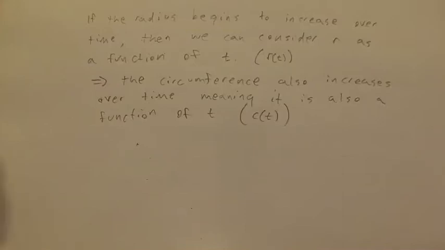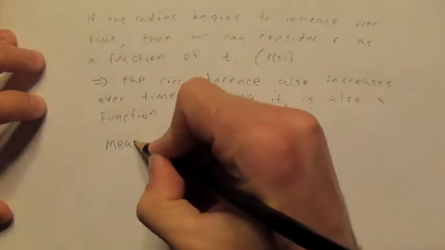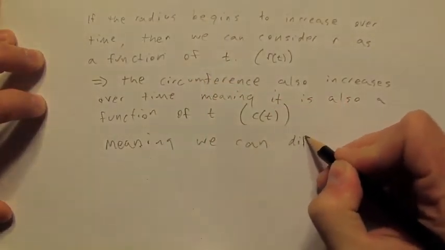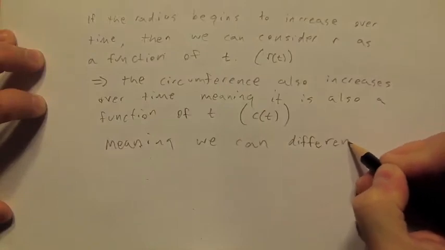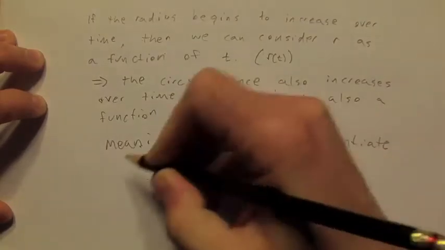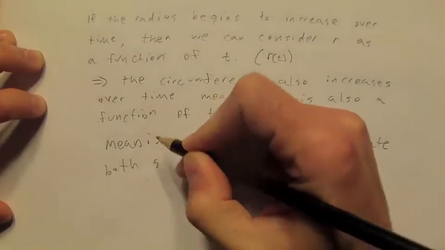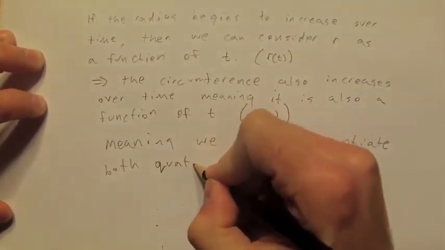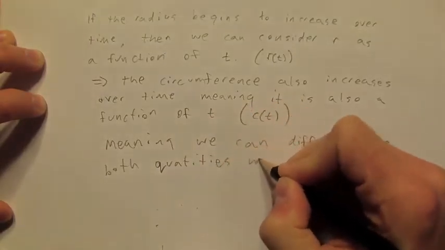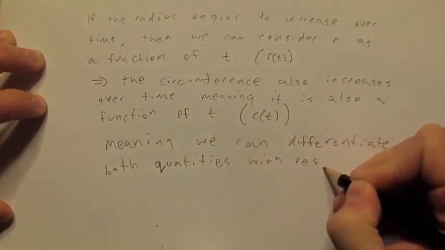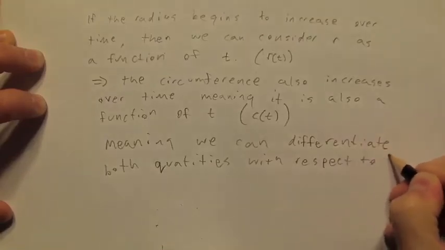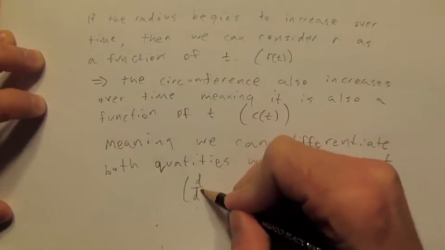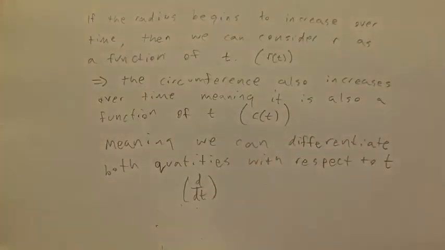We can take the derivative. So meaning we can differentiate both sides, or both functions, or both quantities with respect to t, or time. Okay? In other words, we can do this to both quantities.